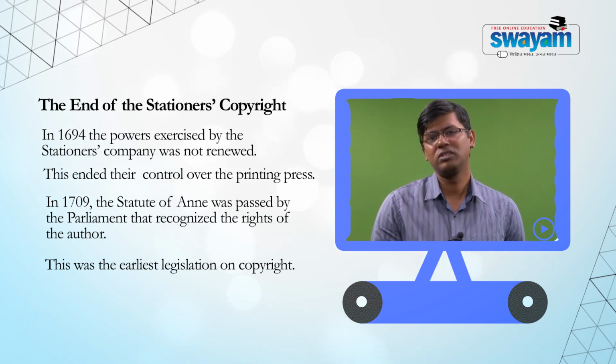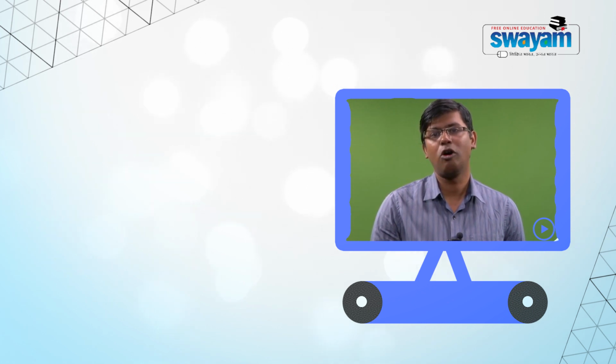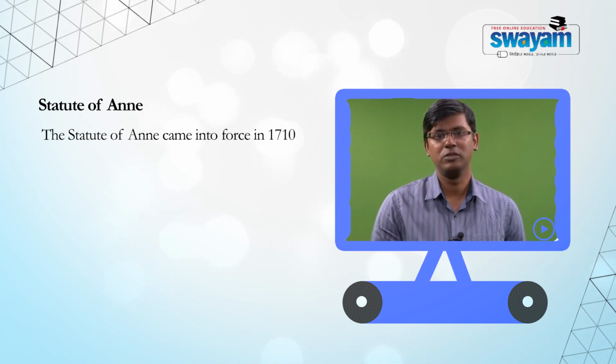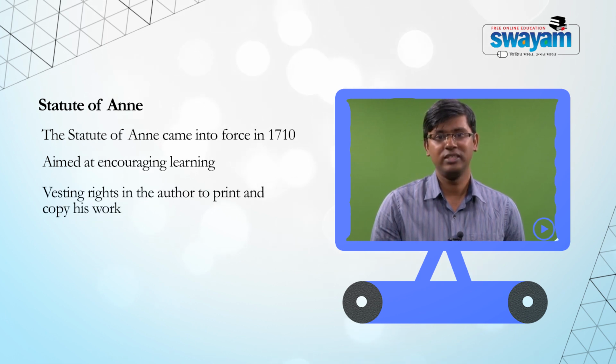Right? What was the form of the Statute of Anne? It basically came into force in 1710. It was largely aimed at encouraging learning. It started to vest rights in the author to print and copy their own works.